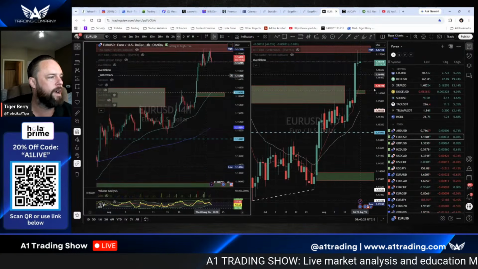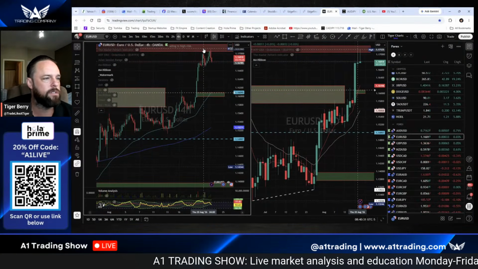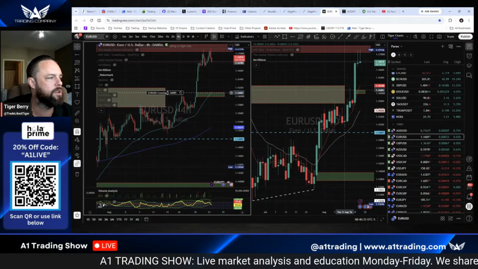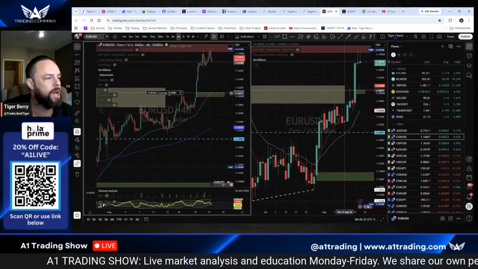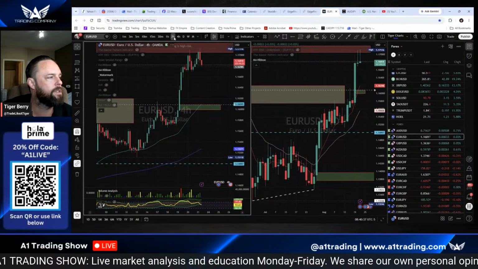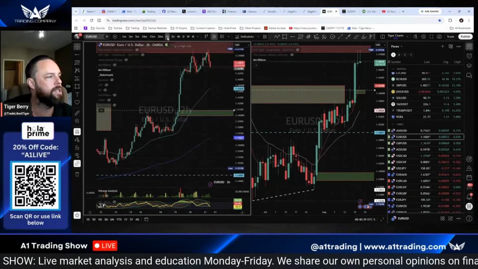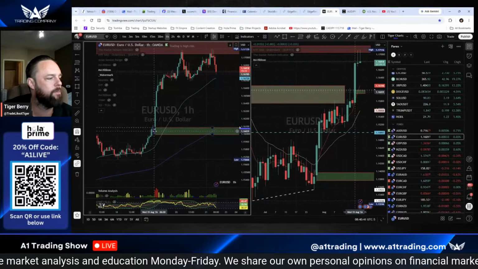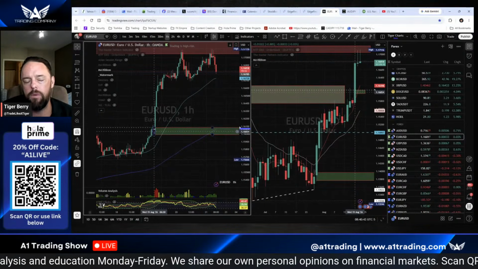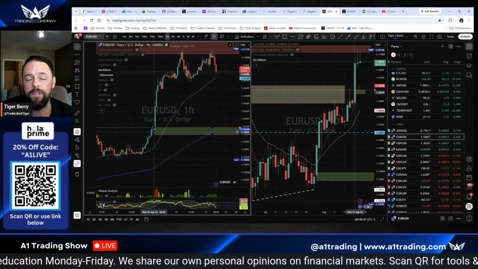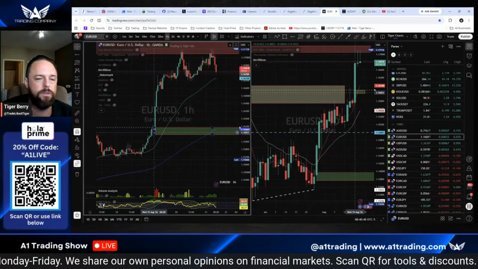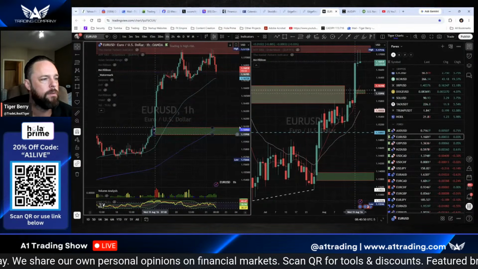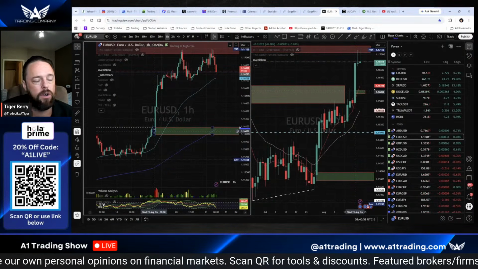Euro dollar did finally crack into that overhead resistance as well. Still looking, nothing's changed on this one. 116 area is basically where I'm looking for this. Now this is getting a little bit noisier. Okay, this is that 1 hour time frame. But remember, this is the point where the bond headline came out where they were doubling their bond buyback the other day, which is really the case for about all these assets, guys.